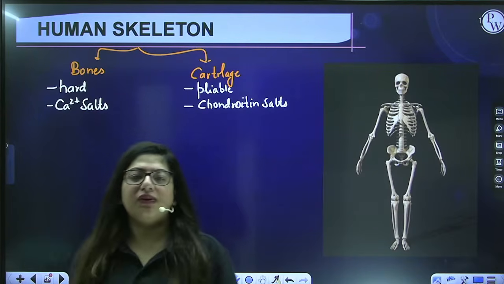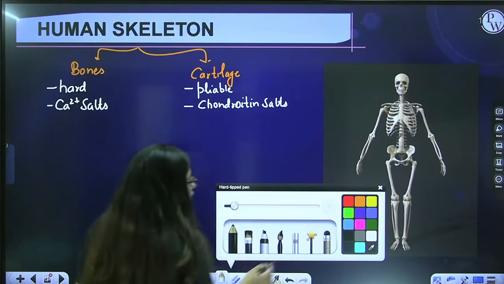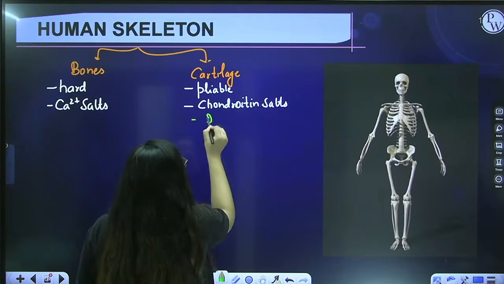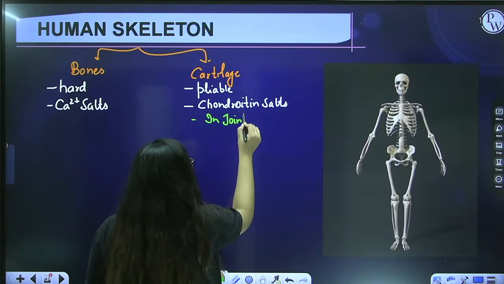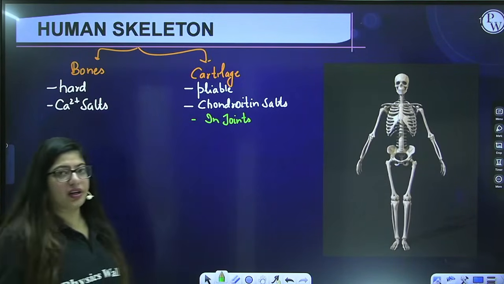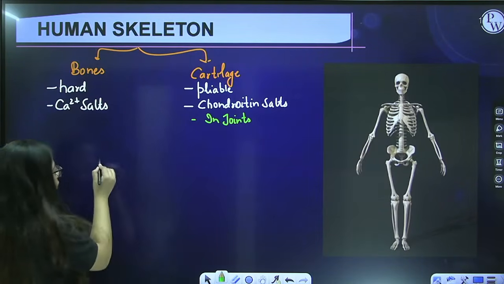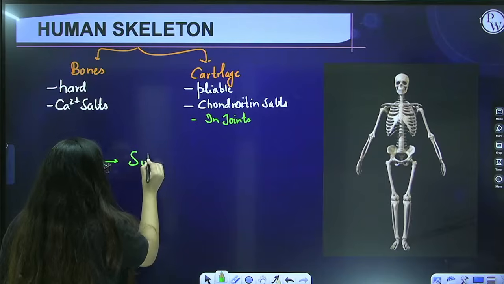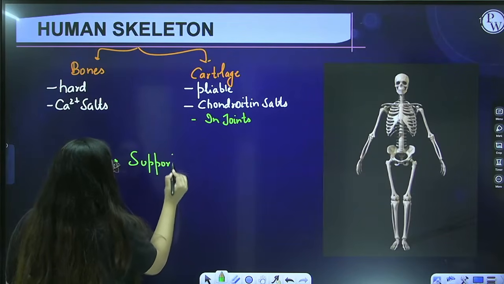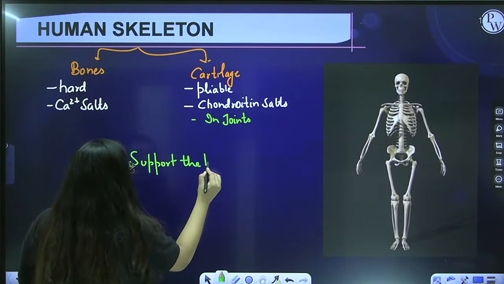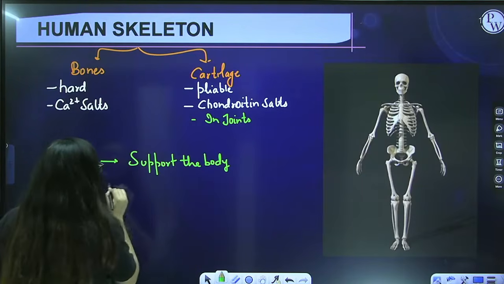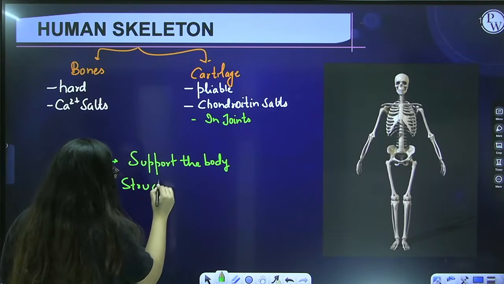So usually you will find cartilage in your joints. Where do you find them? In your joints. Okay. Now, what are bone and cartilage doing in our body? First of all, this is a part of your endoskeleton, so it supports the body. Second, they act as a structural framework.